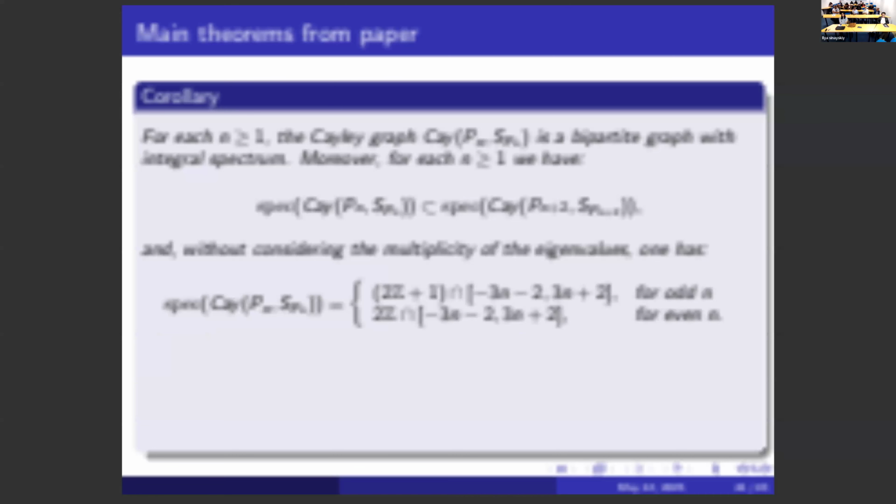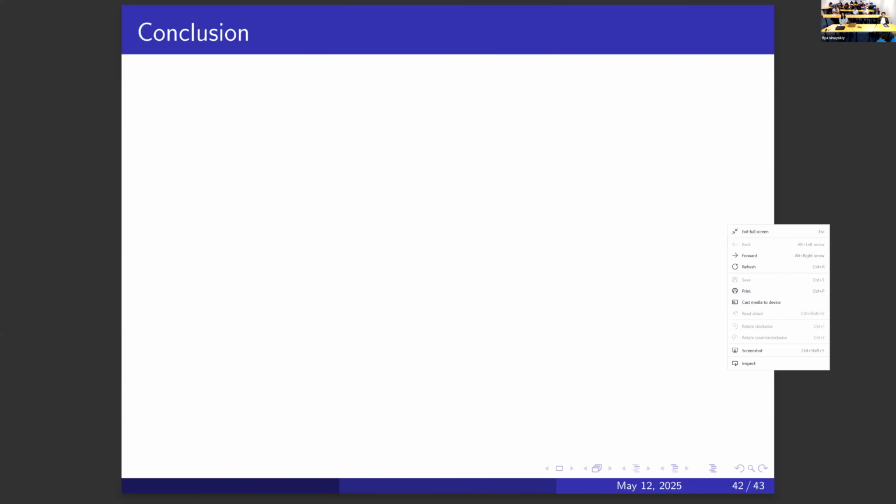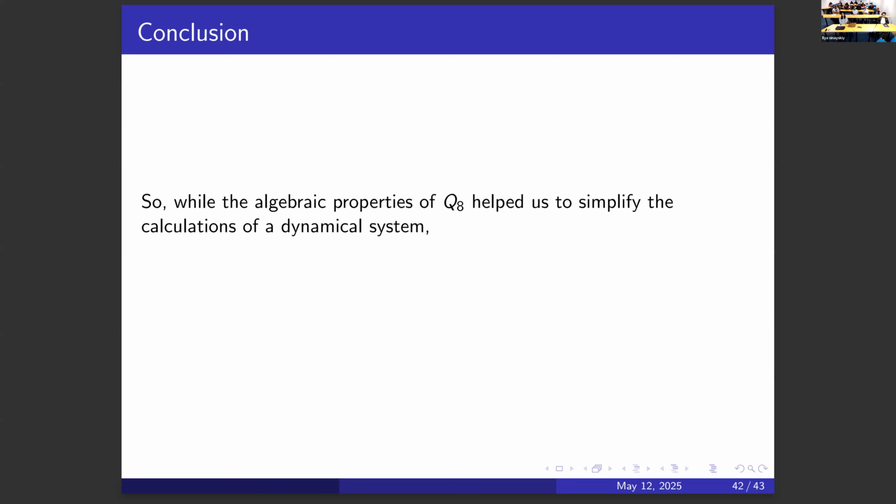And as I said in the beginning, the algebraic properties of Q8 help us to simplify the calculations in the dynamical system. We're talking about quantum mechanics.